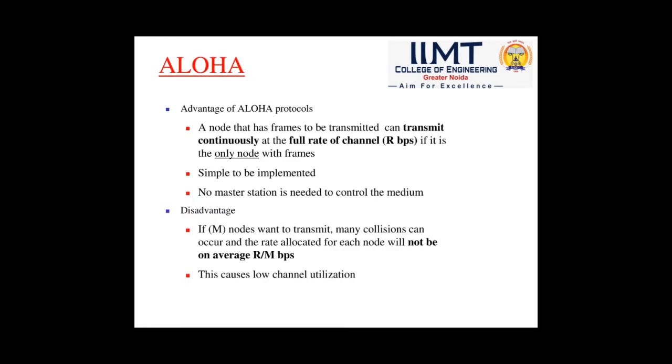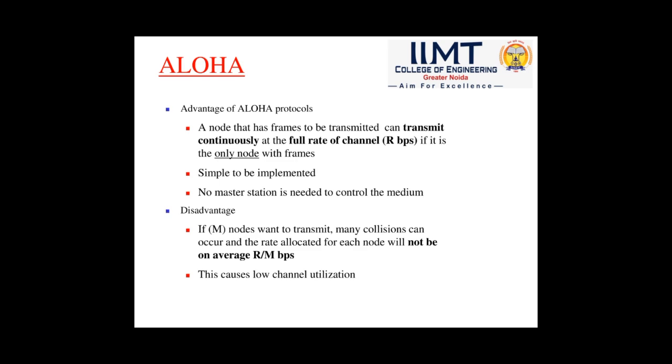Now, some advantages of Aloha are: a node that has a frame to transmit can transmit continuously at the full rate of the channel. Those stations who want to send data directly send it without sensing the channel. They do not check whether the channel is idle or busy. So it is possible that only one station and one channel are present.